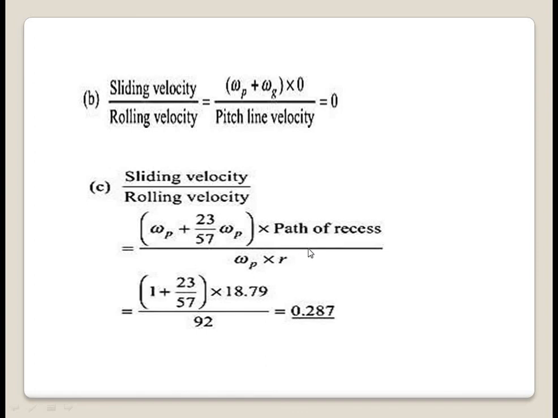We have the value of the path of recess, that is 18.79, times (1 plus 23 divided by 57), divided by r, that is 92. If we calculate, the value becomes 0.287. This is the ratio of sliding velocity to the rolling velocity at the path of recess, or at the time of disengagement.